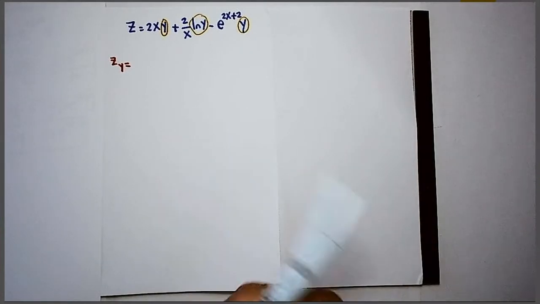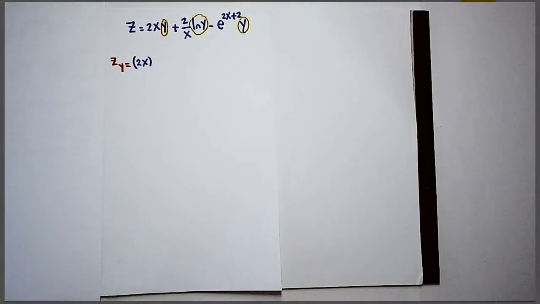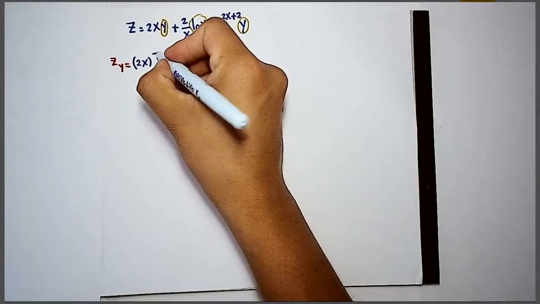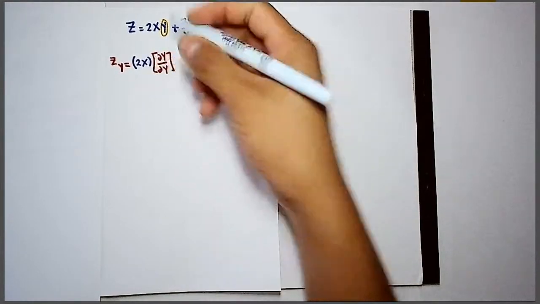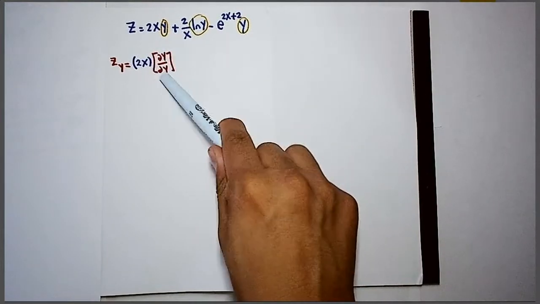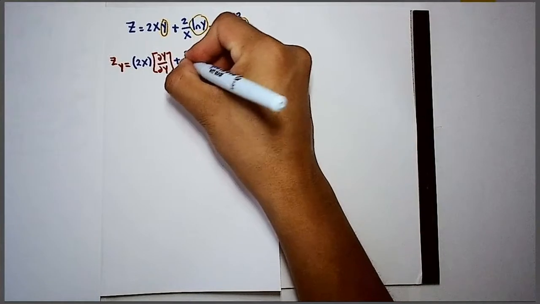So in this case, the constant part is 2x, and we are taking the derivative of this y with respect to y, plus 2 over x.